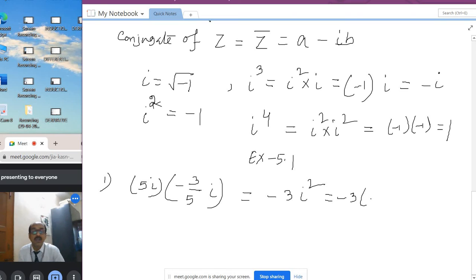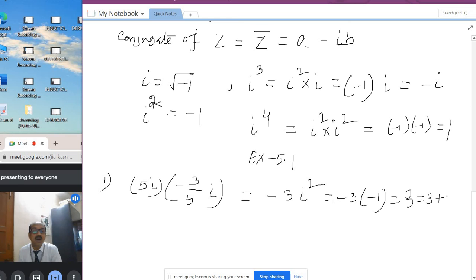So minus 3 into minus 1 equals plus 3. So in a plus ib form, we can write 3 equal to 3 plus 0 into i.